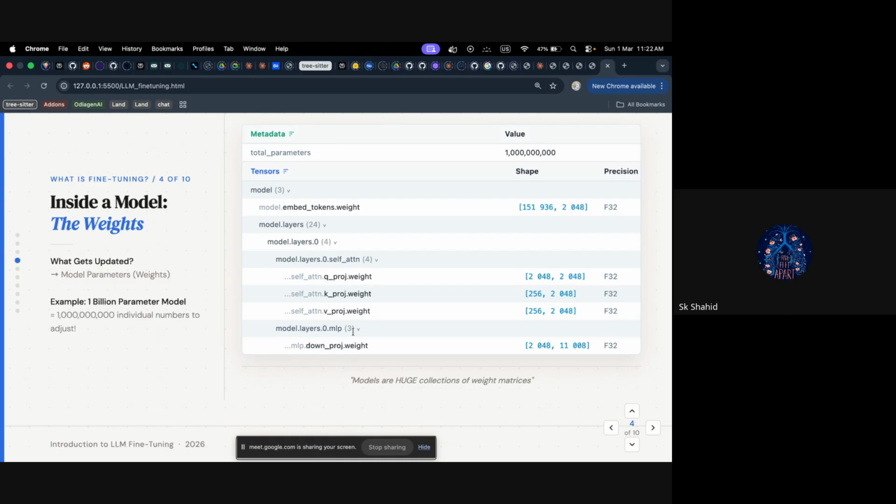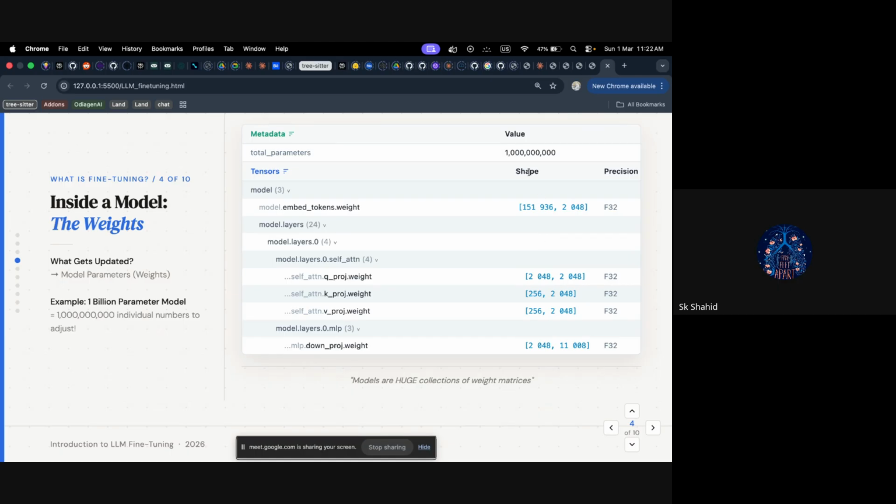It would still have an MLP layer for sure, and other layers like layer norm and embedding layers are contingent on the architecture of a model. But overall, you'll always get this kind of architecture: an attention layer and an MLP layer.